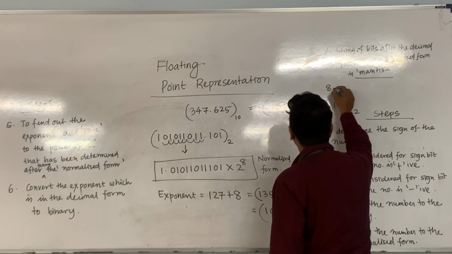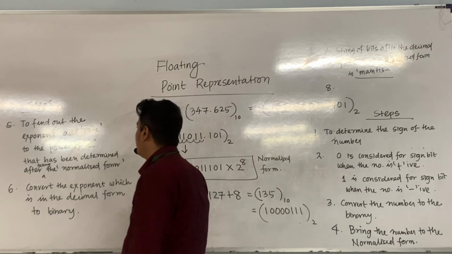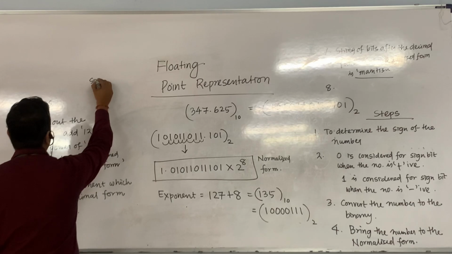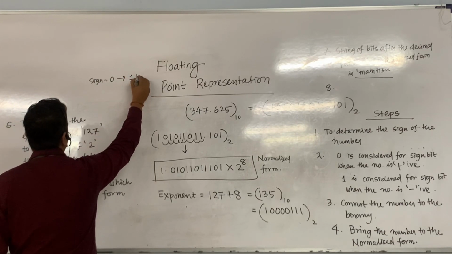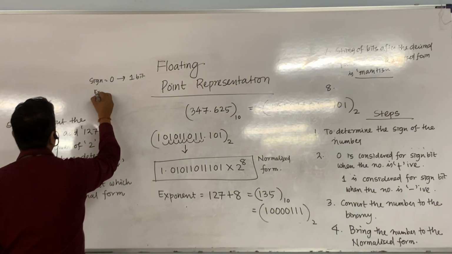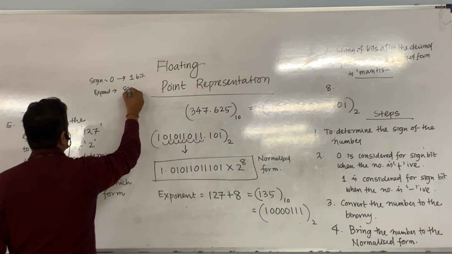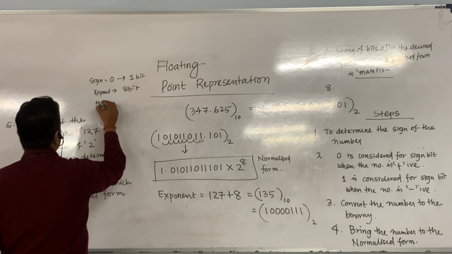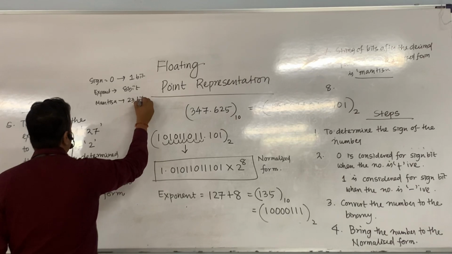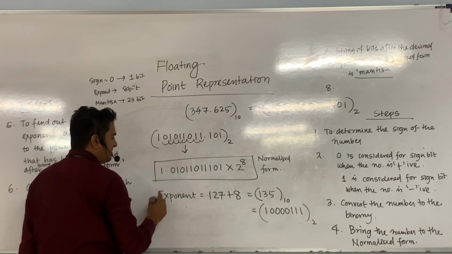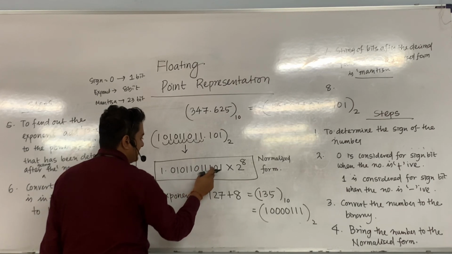Then the final step. You might have observed in the single precision format, the sign bit is 1 bit, the exponent is 8 bits, and the mantissa is 23 bits. But here how many bits are there? 0, 1, 0, 1, 1, 0, 1, 1, 1, 0, 1.